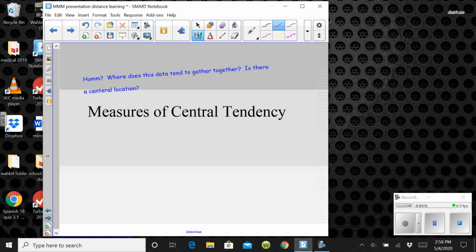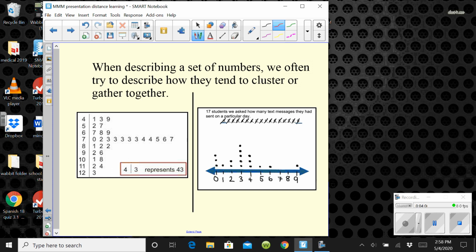In measures of central tendency in our lesson, we're trying to describe where the center of the data is. Where's the middle? Where does the data tend to gather together? Where's the central location? We can see the center by graphing the data. On the left, you'll see a stem and leaf plot, and I can see that most of the data falls in the mid-70s.